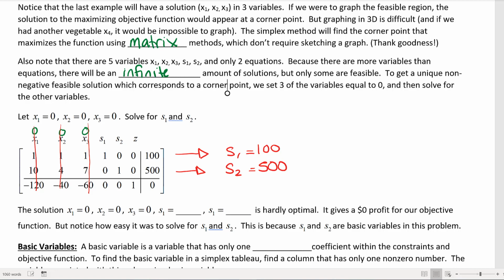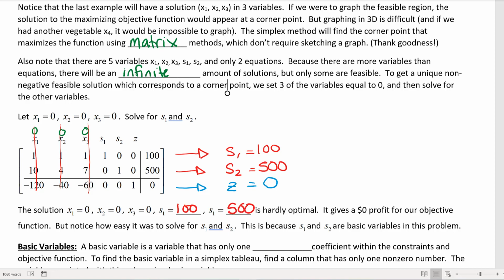And for the last one, the maximizing objective function, I have negative 120 times 0, negative 40 times 0, negative 60 times 0, plus 0 s1 plus 0 s2 plus 1z equals 0. So the solution x1 equals 0, x2 equals 0, x3 equals 0, s1 equaling 100, s2 equaling 500 is hardly optimal.